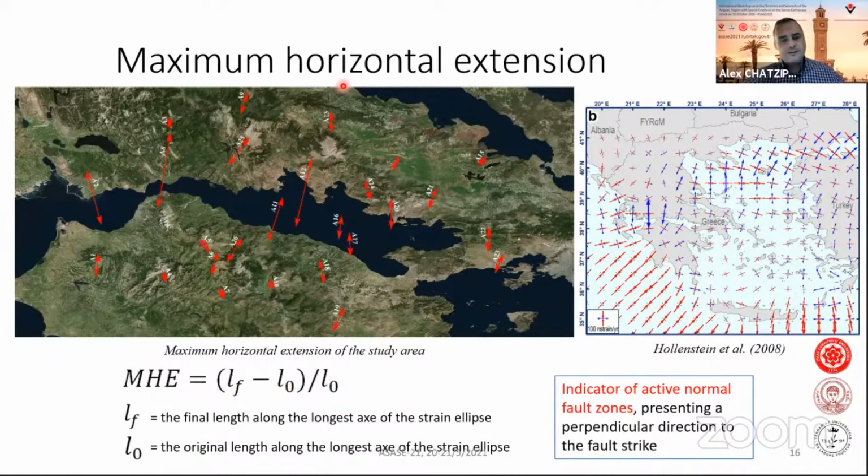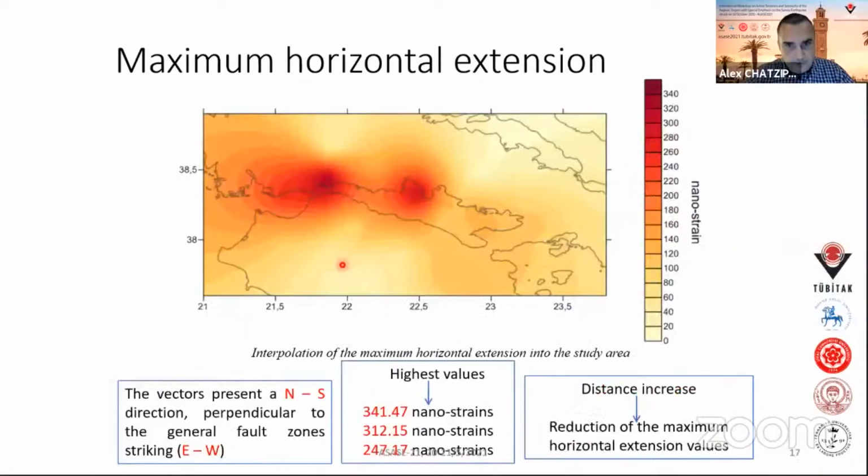Maximum horizontal extension is equivalent to the maximum extensional axis in structural terms. And again, we see that these two areas show more extension. They are more, let's say, active areas with respect to the others, although one could argue that all faults in this area are active.